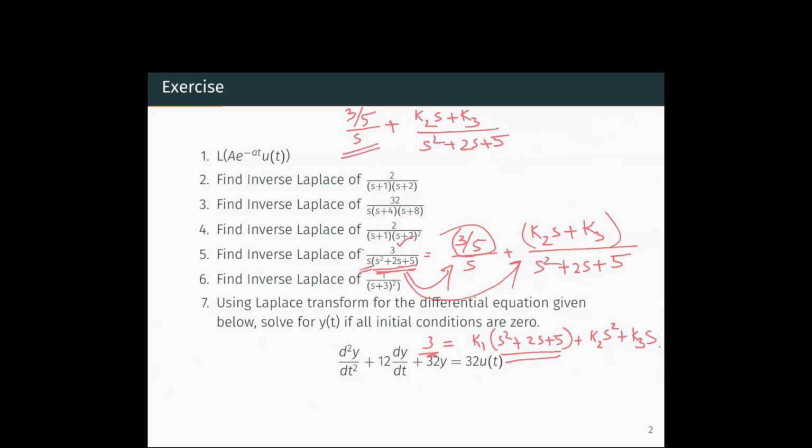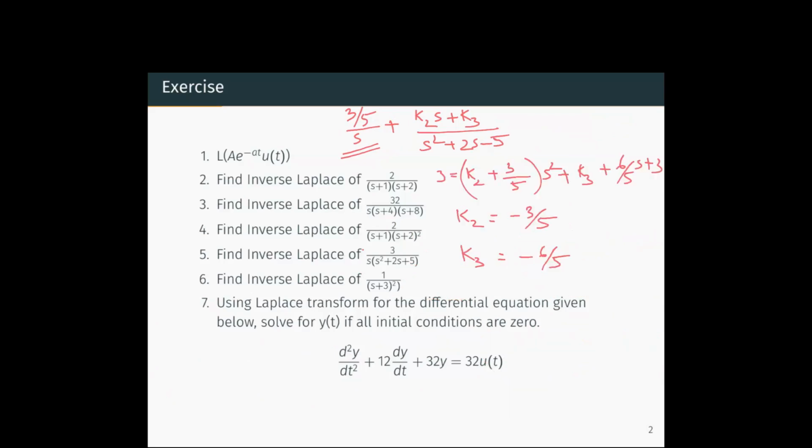So the s square plus 2s plus 5 will be cancelled by this, leaving k2s square plus k3s. So we can equate the terms by substituting k1 equal to 3 by 5, which we found earlier. So after equating, it will be k2 as minus 3 by 5 and k3 as minus 6 by 5.